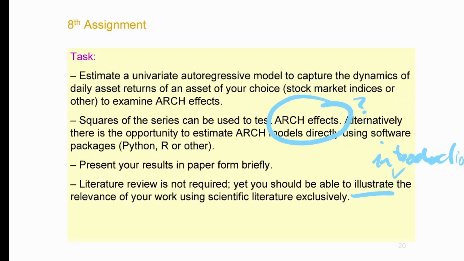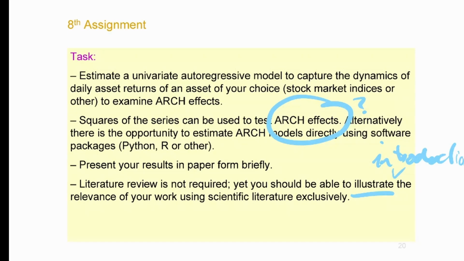This is crucial. So again, I'm completely open, so maybe you can look up the literature yourself, what other people do, and try to copy that. So you can say, okay, I'm following the approach of X, Y, and Z. And then it's going to be very hard for me to criticize it. Simple as that.